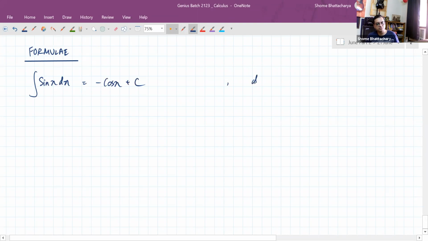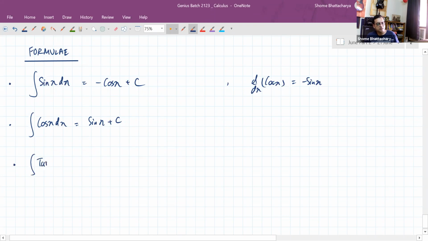The reason for this is very simple, that differentiation of cos x is minus sin x. Then integration of cos x is sin x plus c.